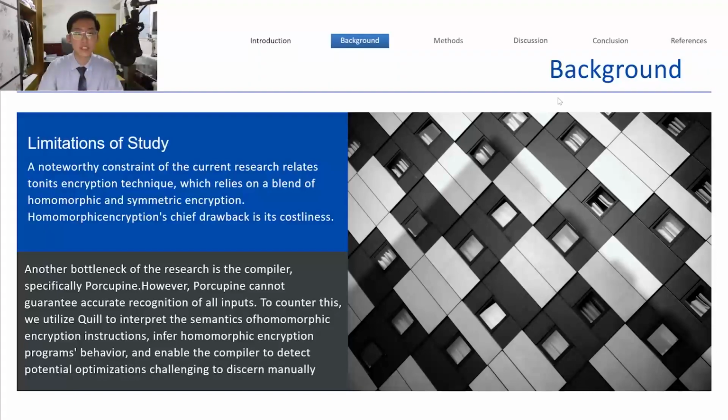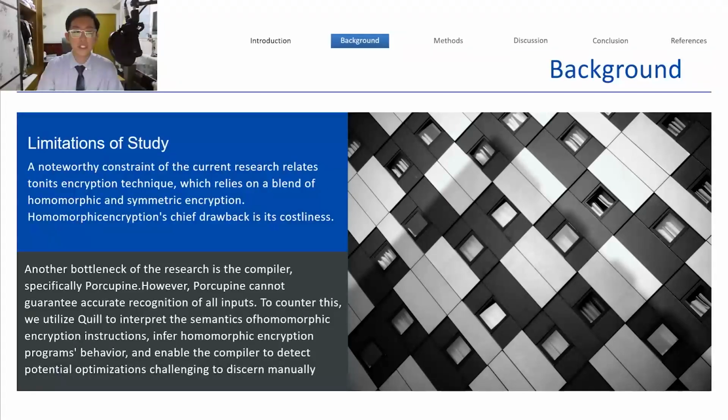Another bottleneck of the research is the compiler, specifically Porcupine. However, Porcupine cannot guarantee accurate recognition of all inputs.